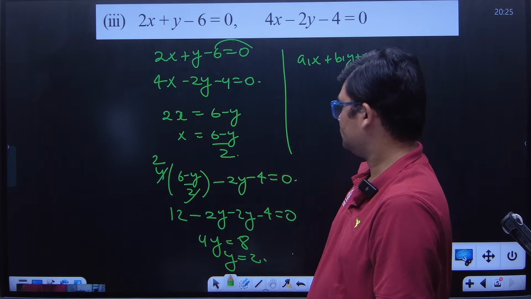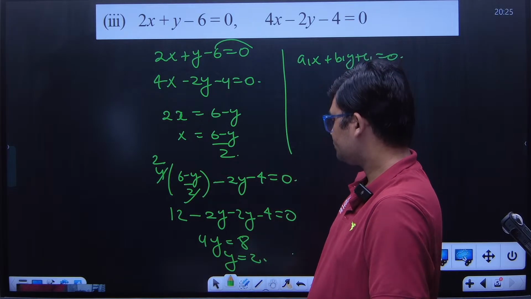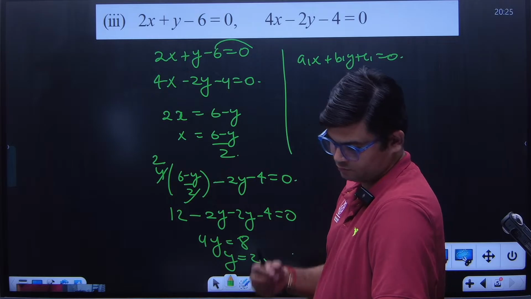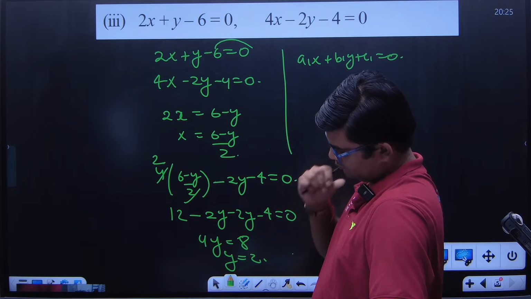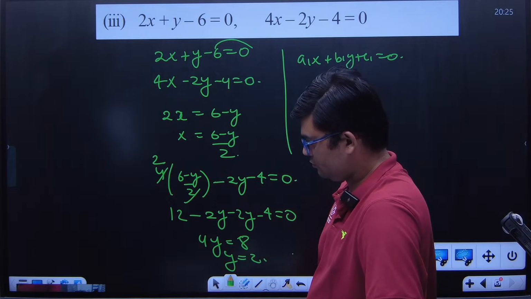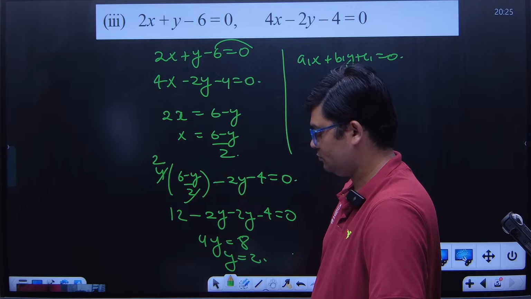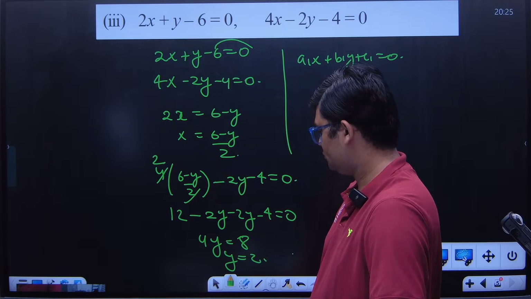Then it turns into 4y. Then you minus 4 and 12, which is 8, so 4y equals 8. y is equal to 2.